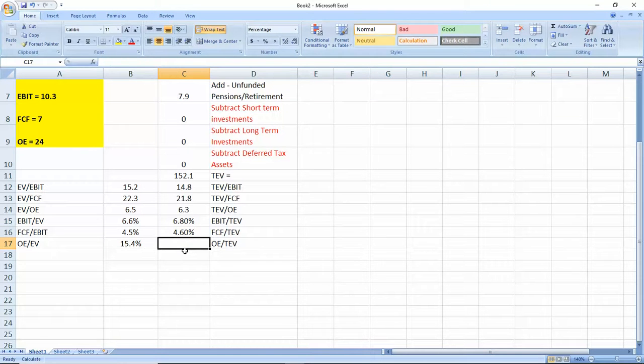And 24 divided by 152.1, 15.8%. I do that every single time I try to find the decimal or fix the decimal place. I do it the opposite way every single time.